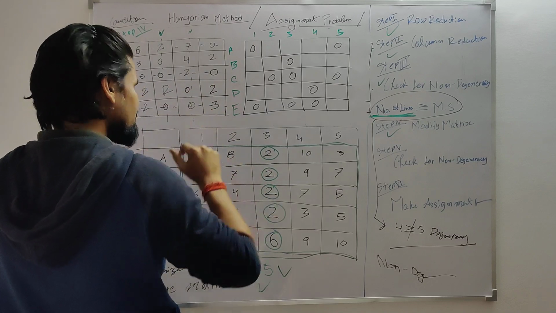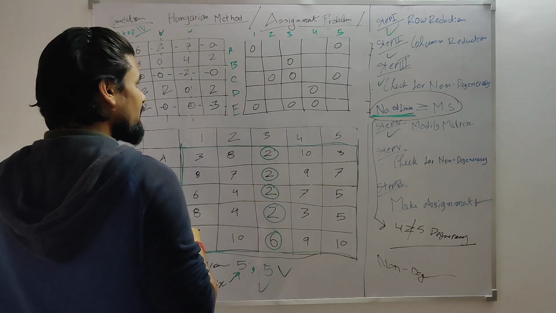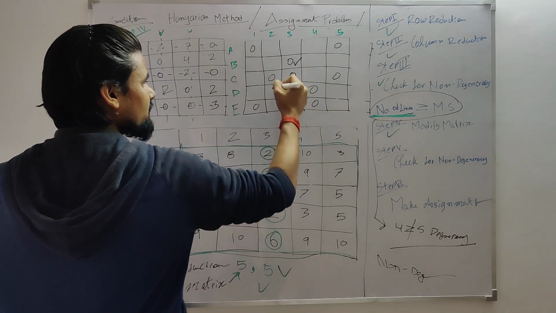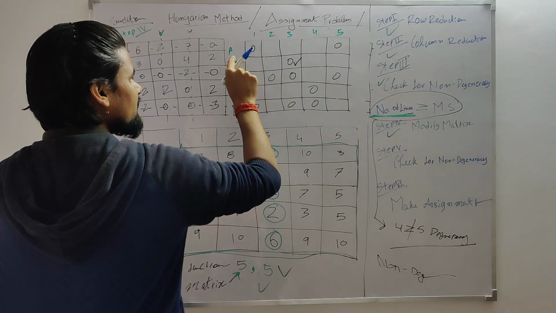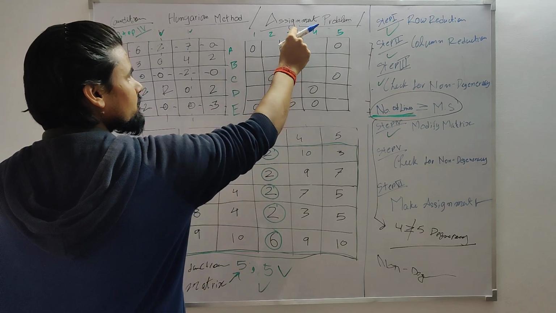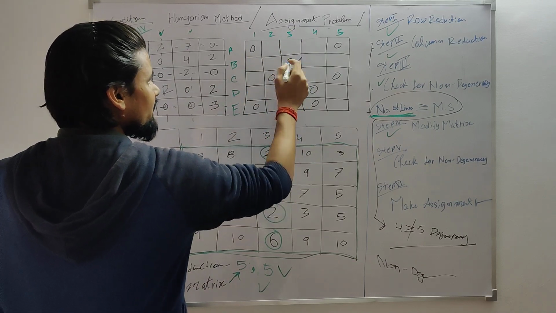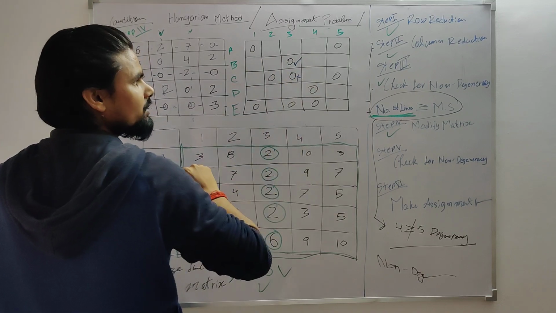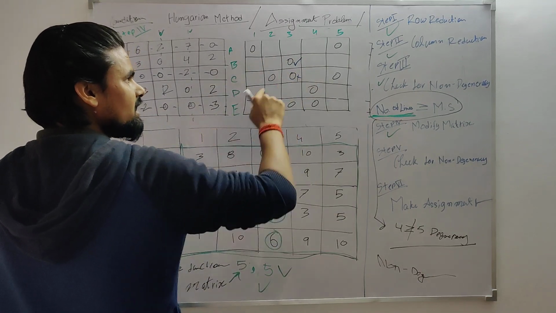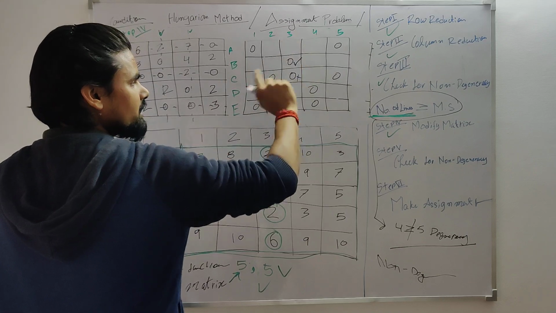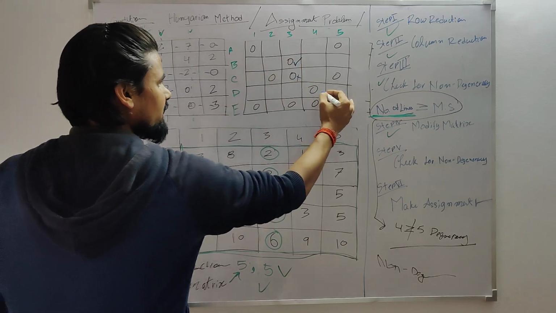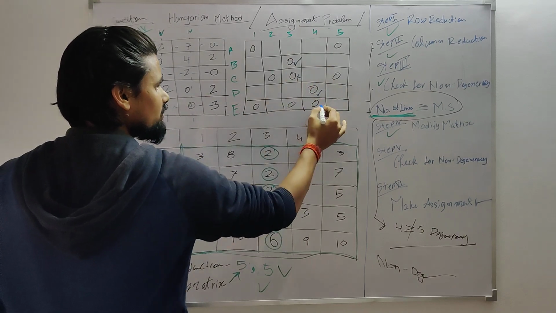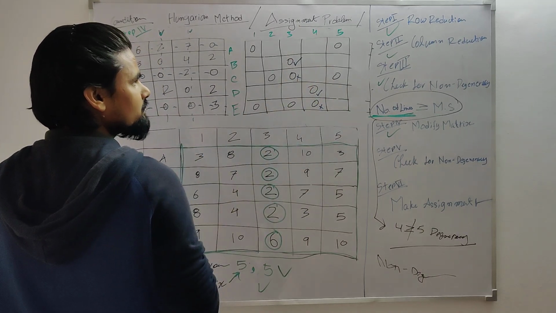So first I will mark out wherever I have the single zeros. So this one is okay. It means B will be doing job 3, and now if B is doing job 3, then C can't do it. Over here, D will be doing job number 4, so this can't do this job.